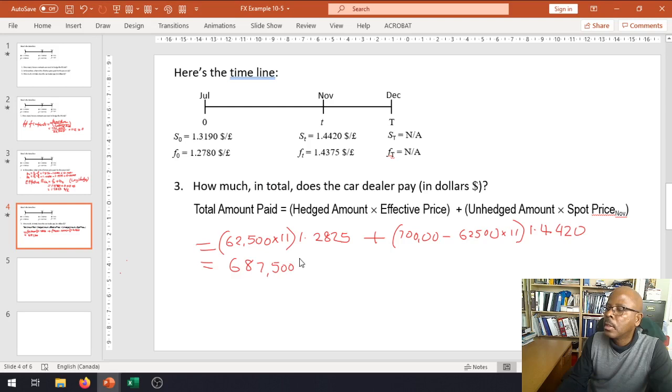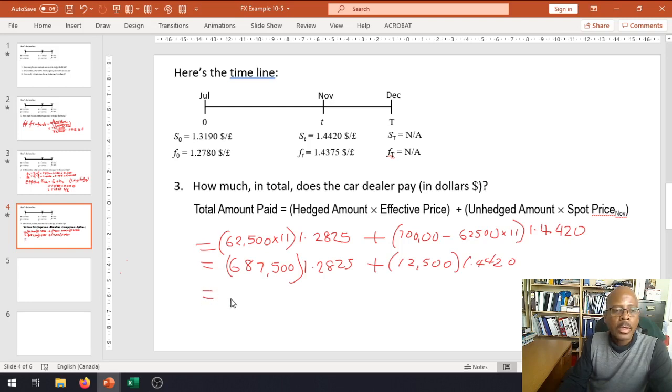Times 1.2825, and this then is plus the balance 700,000 minus that, which should be 12,500 times 1.4420.